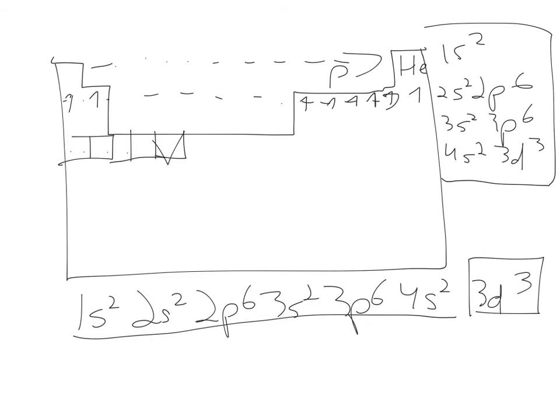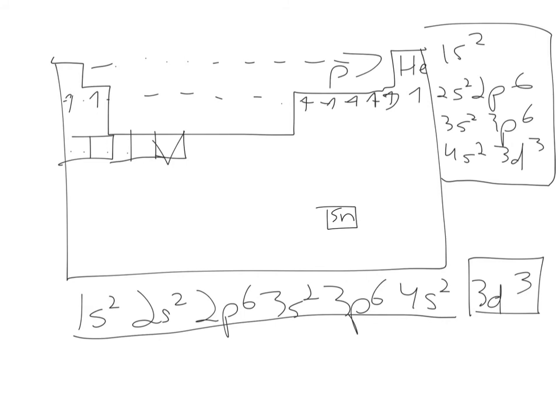Using only a periodic table, write the full ground state electron configuration for tin. Well, tin is down here somewhere, Sn. And because my periodic table doesn't have Sn, I'm going to look that up just to make sure I know which one I'm looking at.